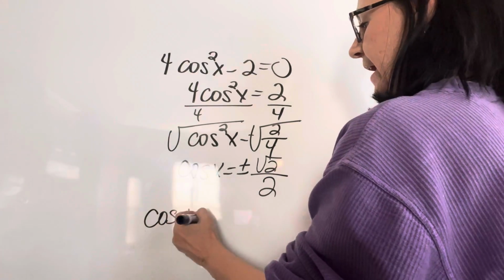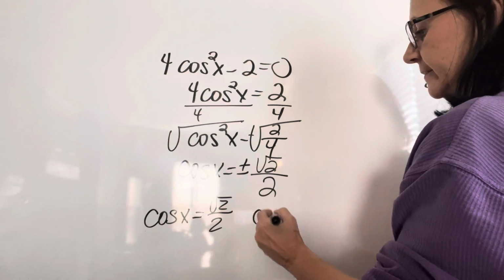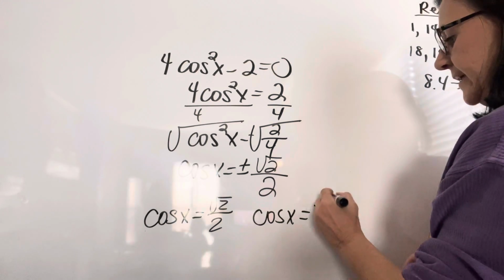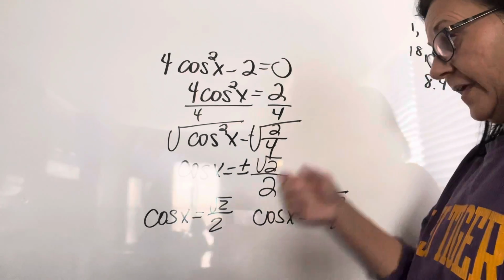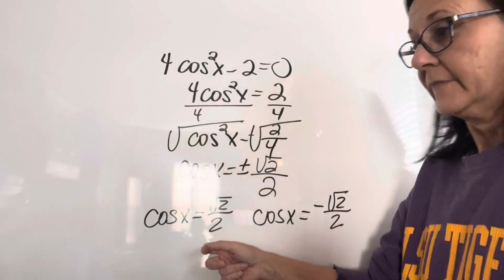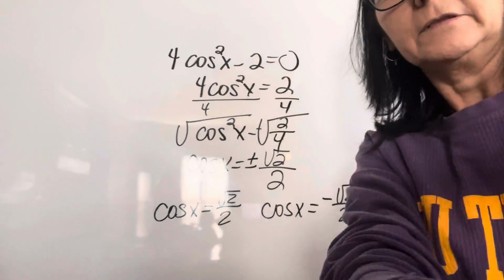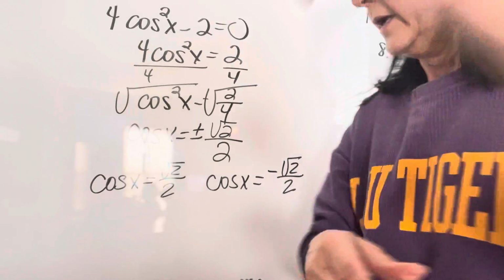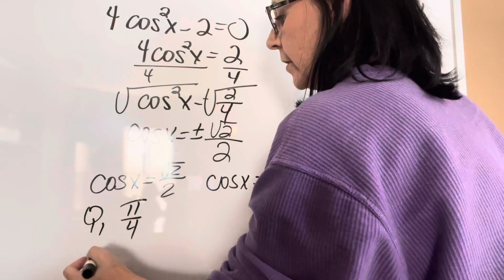The cosine of x is positive square root of 2 over 2. And the cosine of x is negative square root of 2 over 2. Well, that's going to be in every quadrant. In quadrant 1, that is pi over 4.